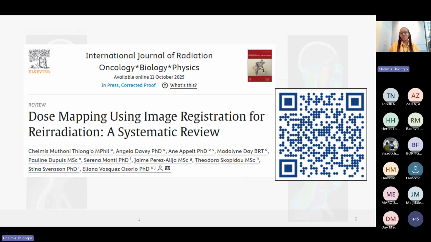I will base this talk on this published paper, Dose Mapping Using Image Registration for Re-irradiation. This work is one of the outputs from a working group formed during the ESTRO 2022 physics workshop, specifically the image registration sub-working group. I have taken liberties to include some aspects of my PhD in my illustrations.